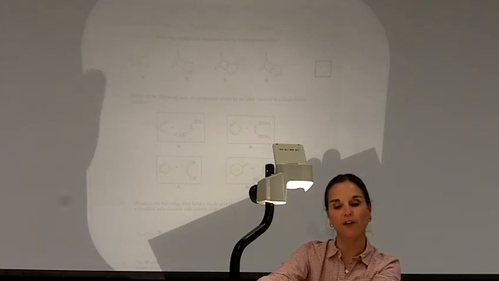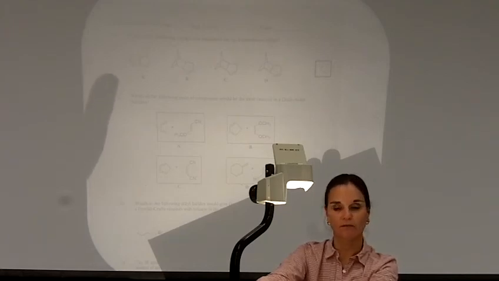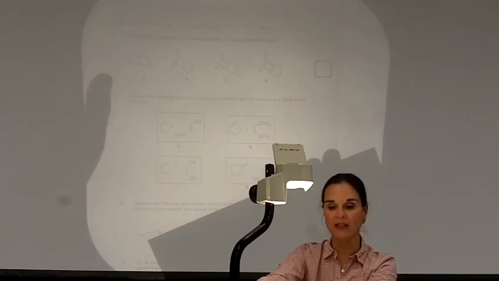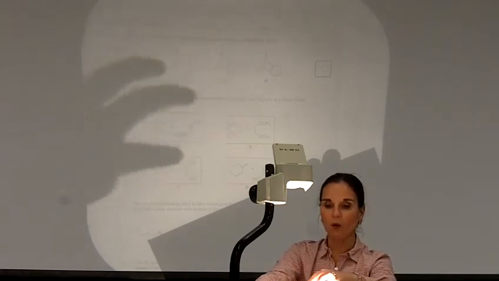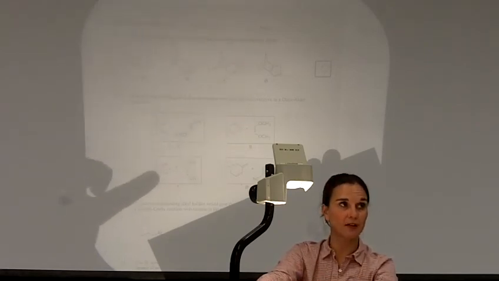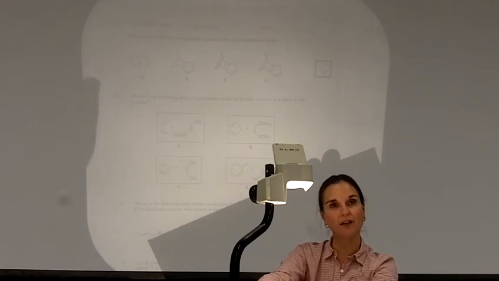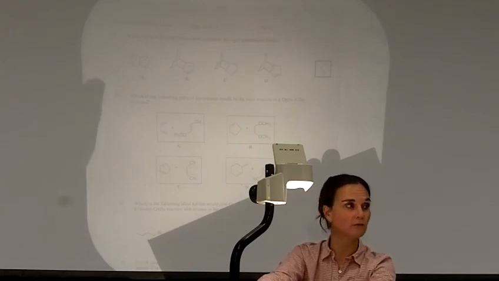Okay, which of the following pairs of compounds would be most reactive in a Diels-Alder reaction? So what do you want for your diene? You want what conformation? S-cis, okay? So A, B, or C would be a good possibility, right? What do you want on your dienophile?